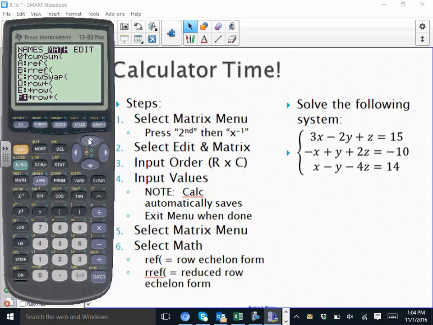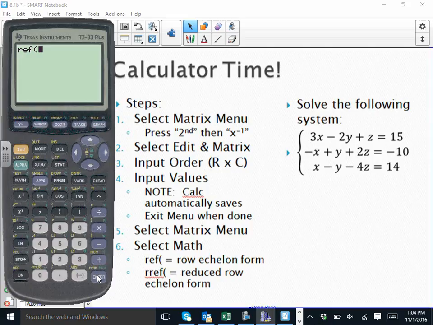First, I'm going to show you REF, row echelon form, REF. So if you press that, it has an open parentheses. You need to put the matrix inside of it. We entered our information in matrix A, correct? So if you go to your matrix menu, this first menu with names, we want the first one, matrix A. You can call it up to actually perform the row echelon form.